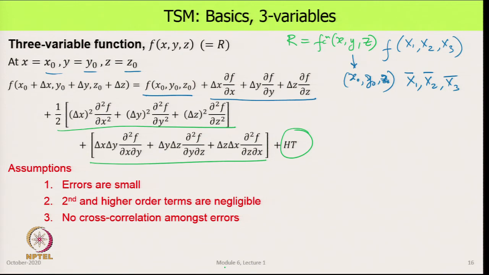And we use the same assumption that we just saw for the 2 variable case. Errors are small, second and higher order terms are negligible, and there is no cross correlation amongst others. So, this does not mean that this part is negligible. This we are neglecting because of assumption number 3. This and this we are neglecting because of assumption number 2.